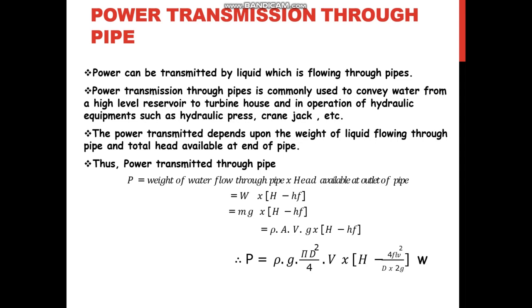Therefore, rho into A into V into g into bracket H minus hf. This is therefore power transmitted, given by rho into g, area of the pipe pi by 4 d square, into velocity V into bracket H, that is total head, minus the frictional loss 4fL V square divided by 2gD, into W. Here W means watt, the unit of power is watt.